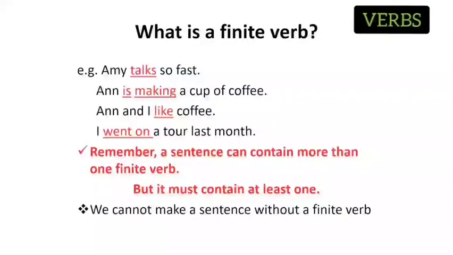If I say walking on the street I saw a tiger, this ing verb, walking on the street, does not take any helping verb. So it is going to be non-finite. I saw a tiger. I saw, that means I did see. That takes one helping verb. So it is going to be finite.